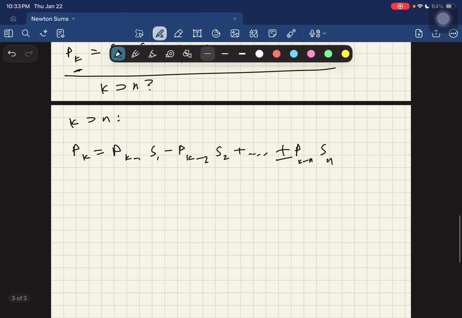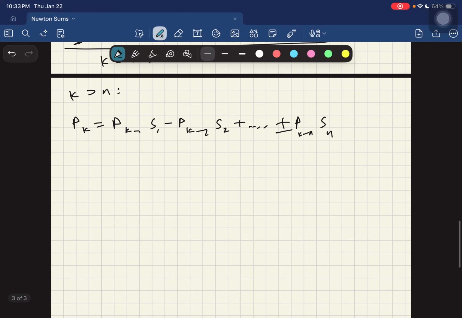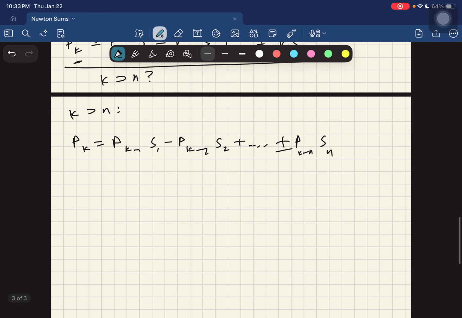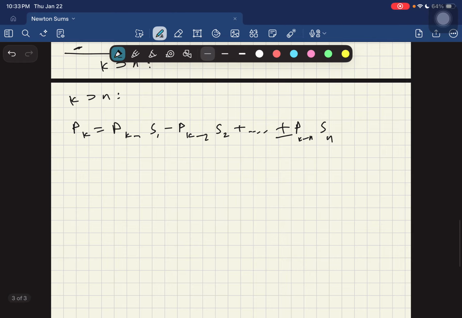Here we go. Since k is greater than n, k minus n is going to be positive, so this will be a real number. It's not going to be something that doesn't exist. So this is the formula for if n is less than k, when there are fewer variables than the kth power sum. If you want, you can test out a few examples with this to see that it works and convince yourselves.